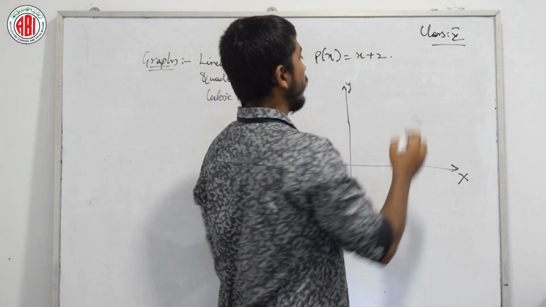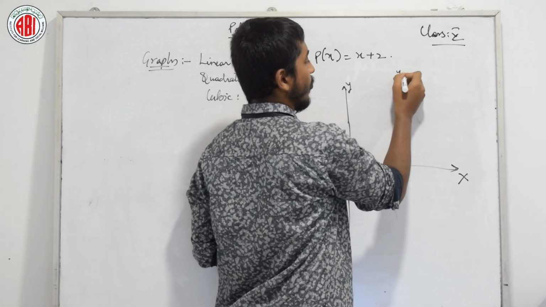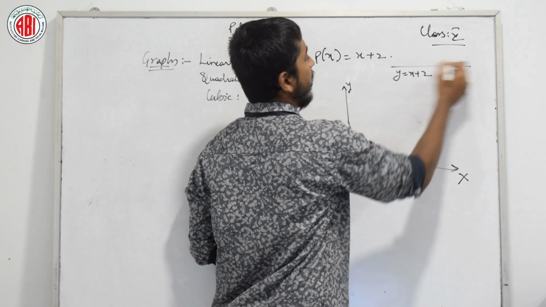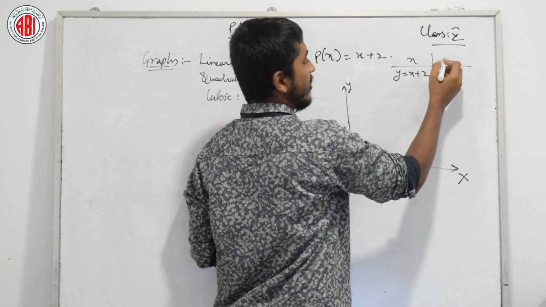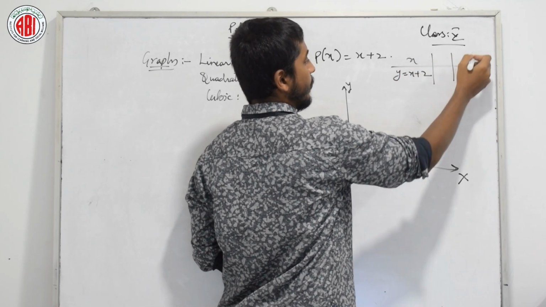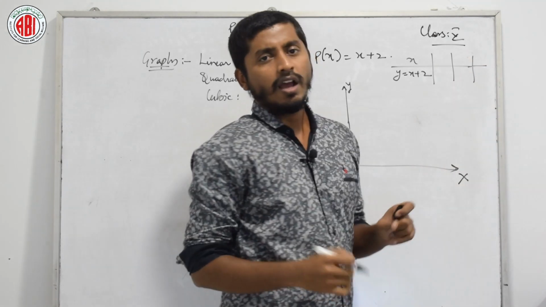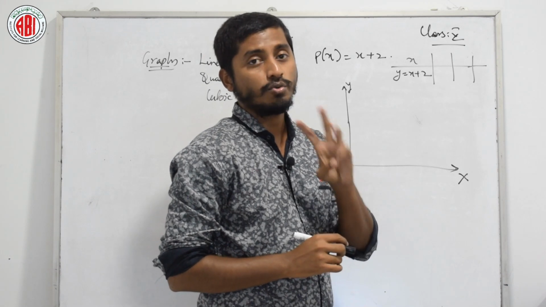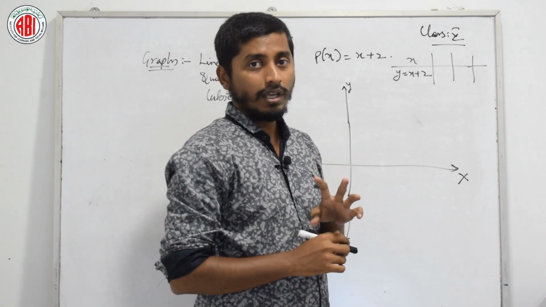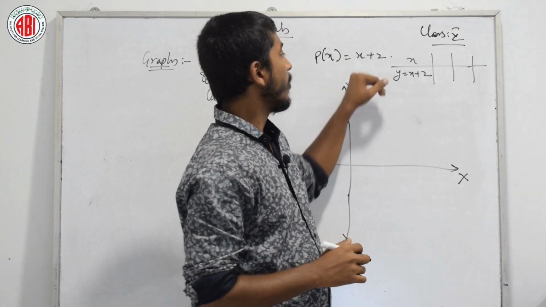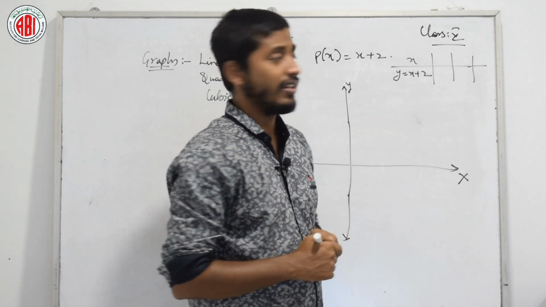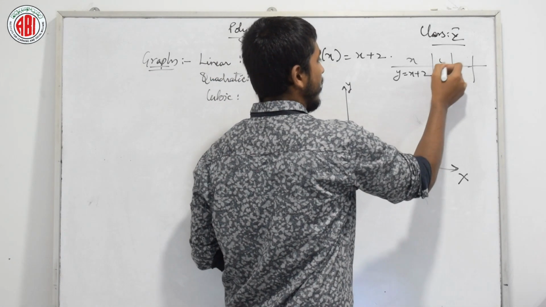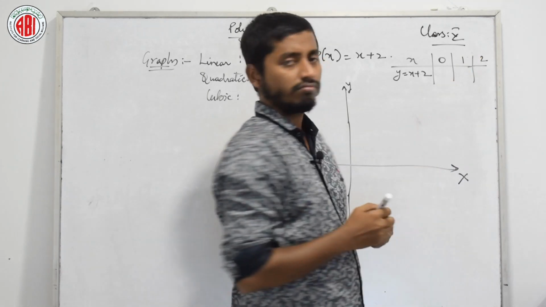Now let us assume this x plus 2 as y, and let us find its value for different values of x. How many values do you have to take? Make sure that you take at least 2 to 4 values. If it is a linear polynomial, it's good to take at least 2 values. Let us take 0, 1, 2.